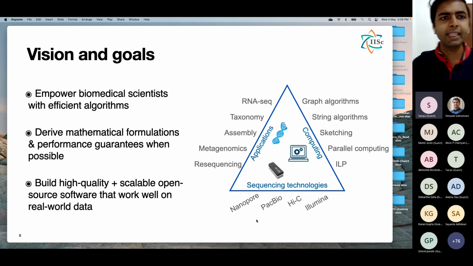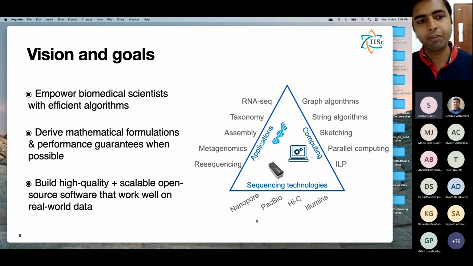Okay, so basically the idea that motivates us in our lab is we want to empower biomedical scientists with efficient algorithms, right? We want to give them software that they can use to analyze the data that they generate. Now, when we develop algorithms, we are also interested in mathematical formulations and provable guarantees. We don't want to just give a software which we think will work on some of the data sets that they have.